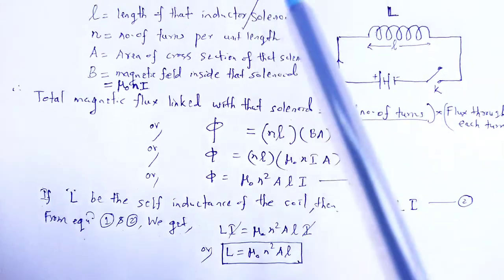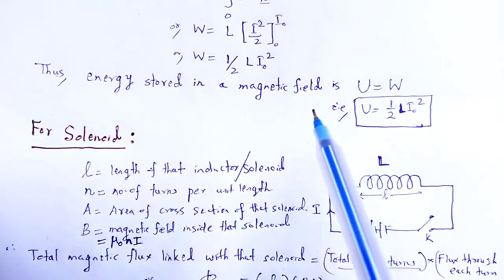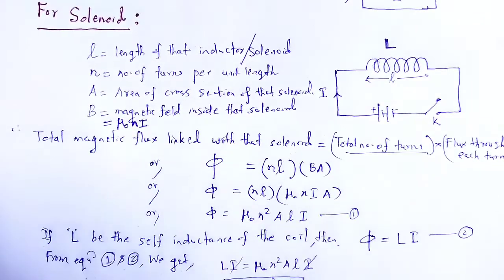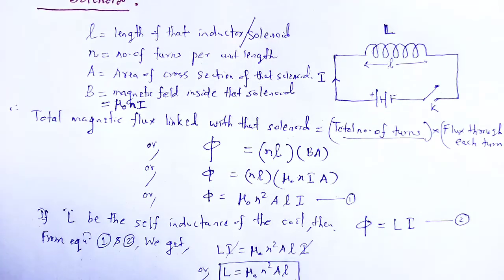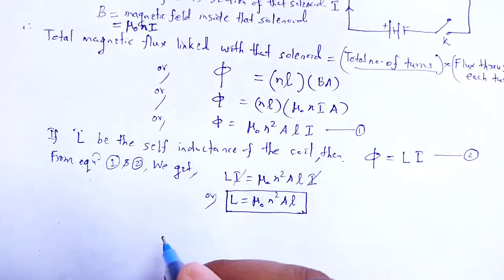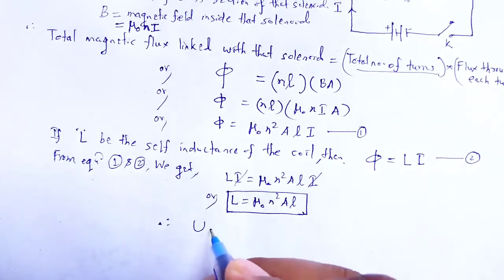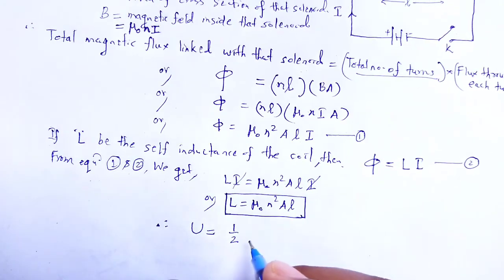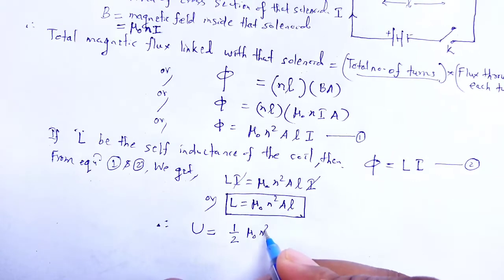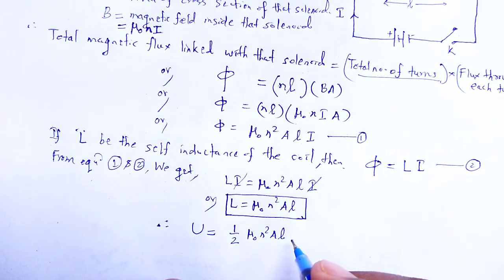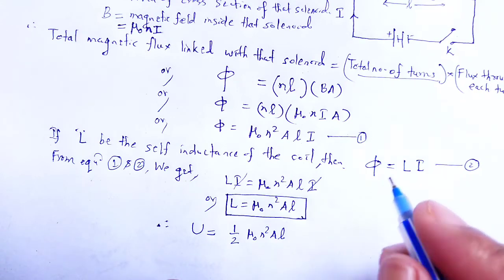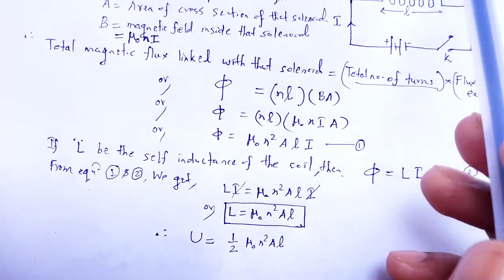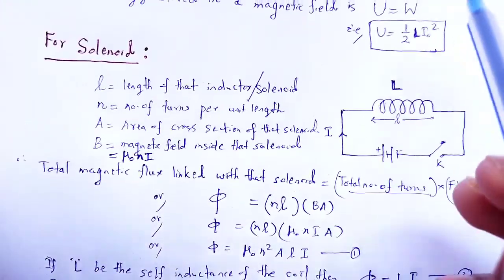Now the energy stored in the self inductor: U is equal to half, in place of L we substitute mu naught n square A L, into I naught square, where I naught is the maximum current.